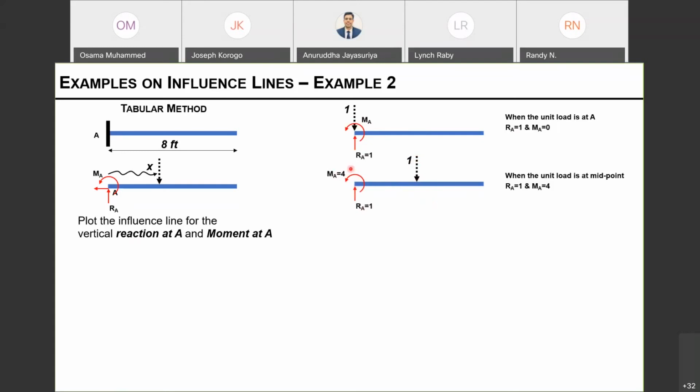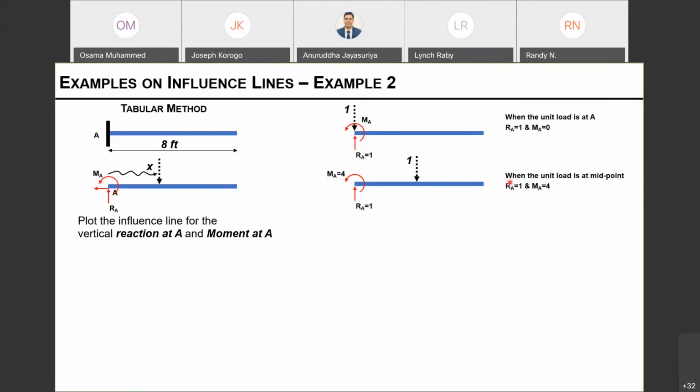And this is the induced moment because of the fixed support. Remember, we had 3 support reactions. So this is the moment reaction, MA, which is equal to 4. How come? Because I'm at the midspan, halfway of 8, that will be 4 times 1. MA will be 4, whatever the unit.